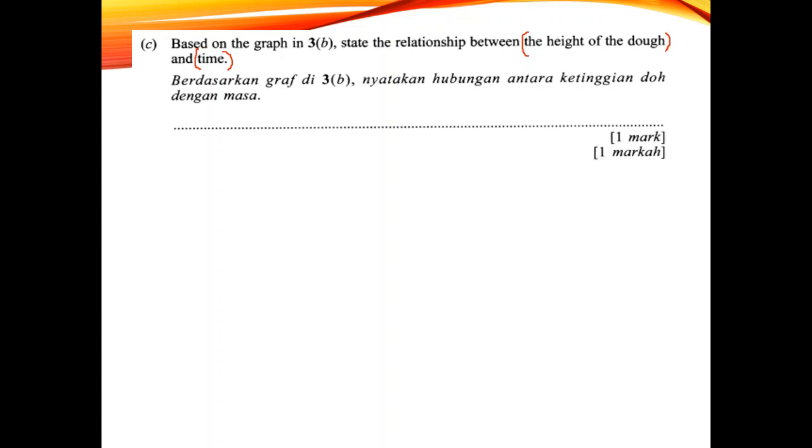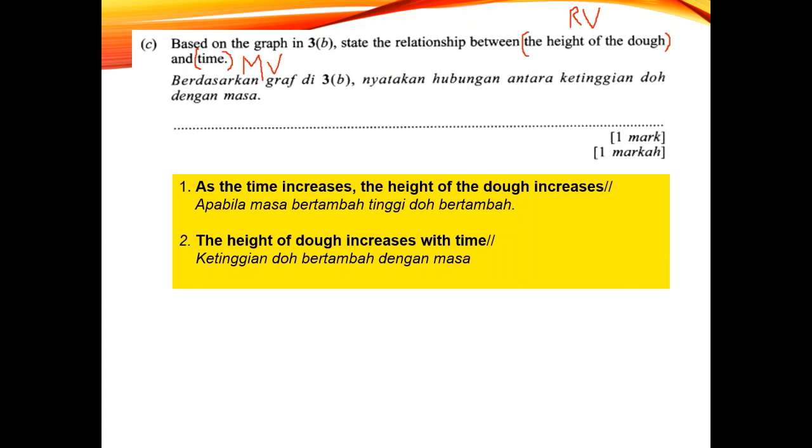Which one is the responding variable? I think you need to know first. So manipulated variable referring to the time, and the responding variable referring to the height of the dove. So when the time increases, the height of the dove also increases. So you can write like this. As the time increases, the height of dove increases.